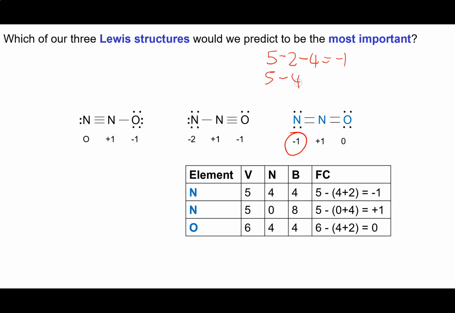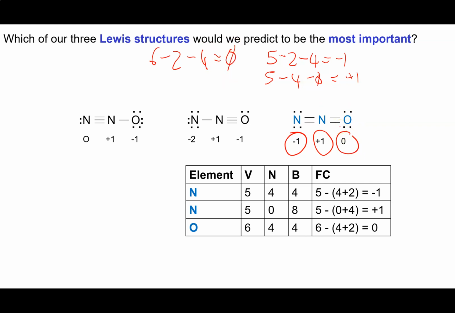So bonding electrons on 2 is 4 and no non-bonding electrons. So 5 minus 4 is plus 1. Then the oxygen, 6 minus 1, 2 bonding electrons on 2, and then minus the non-bonding electrons 1, 2, 3, 4, and so that gives me 0.